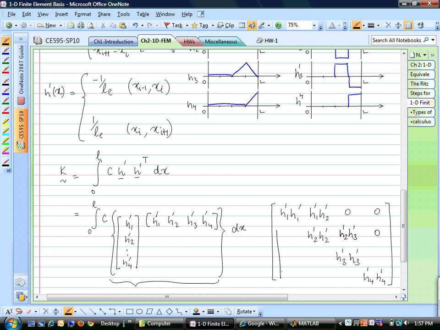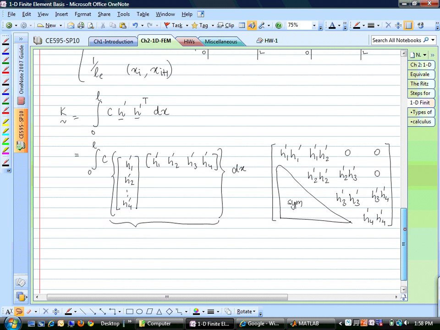This is all symmetric, so let me just write this as symmetric. And finally, you will see that H3, H4 prime is the term here. So the thing to notice here is that this stiffness matrix is a tridiagonal matrix, meaning that there is a main diagonal and there is one above and one below. Everything else is 0. So those types of matrices are called tridiagonal matrices.